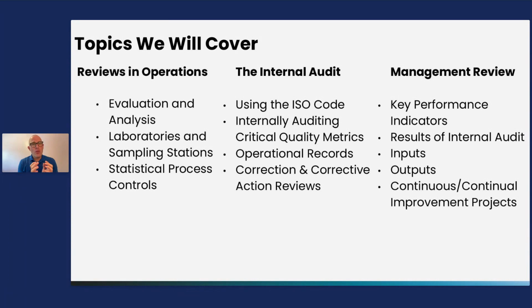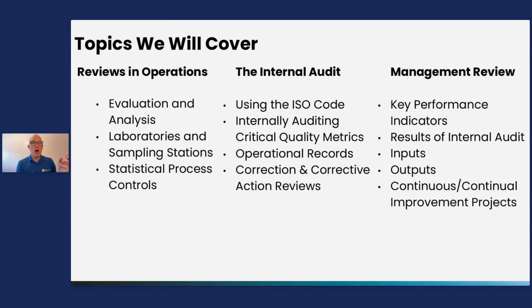Okay, so the topics we're going to cover here, we have 3 primary review functions. We're going to be looking at frontline reviews in operation. So that's going to line up with section 9.1 of the ISO 9001 code. And these are going to be the actual review functions that we talk about during operation.